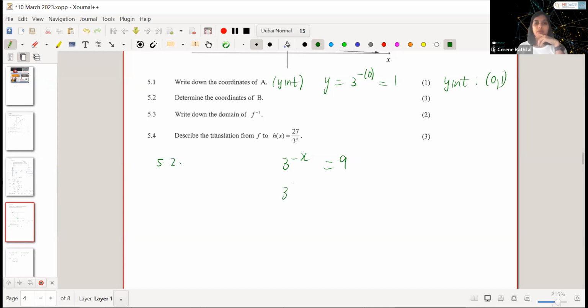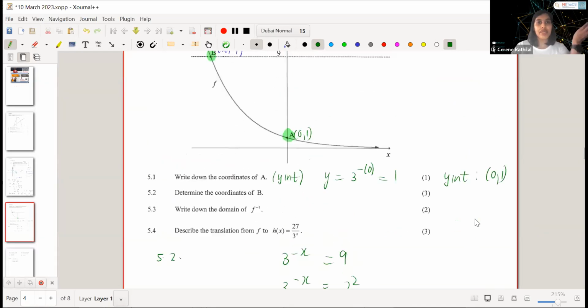In order for this to work, we should have like bases, but I can express 9 as 3 squared. When you have common bases, we can simply work with the exponent. So this tells me that negative x equals 2, and therefore x equals minus 2.